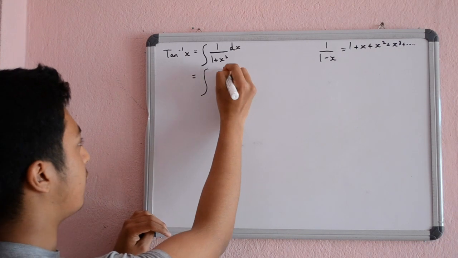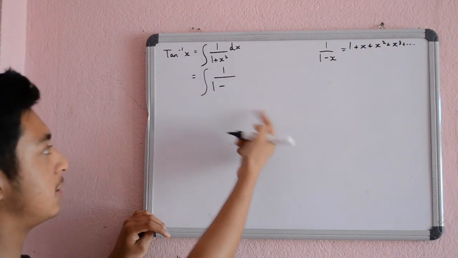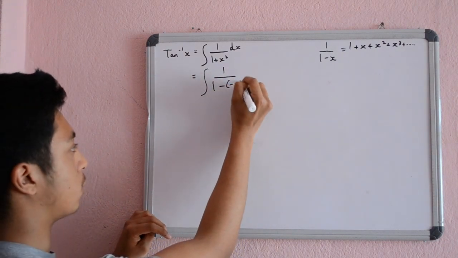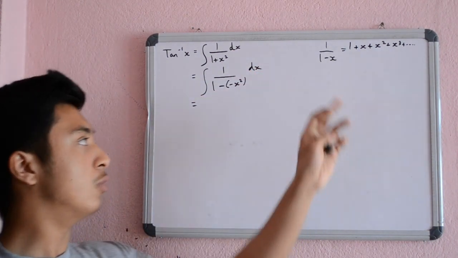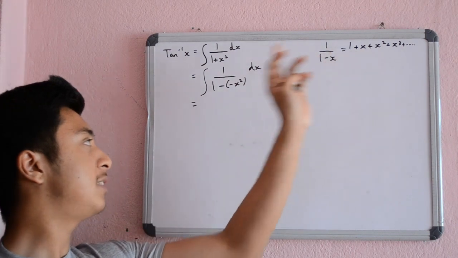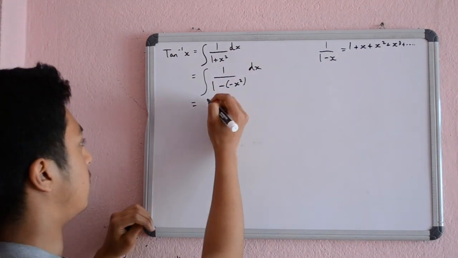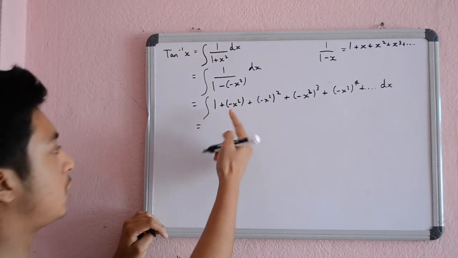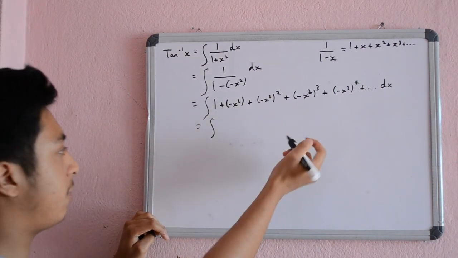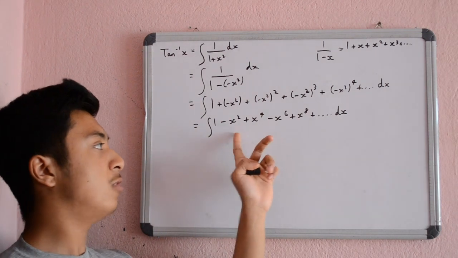So you can read it as the integral of 1 by 1 minus minus x squared dx, and simply over here, instead of x, replace it with minus x squared. So it will be like this, and after you simplify you'll get this.